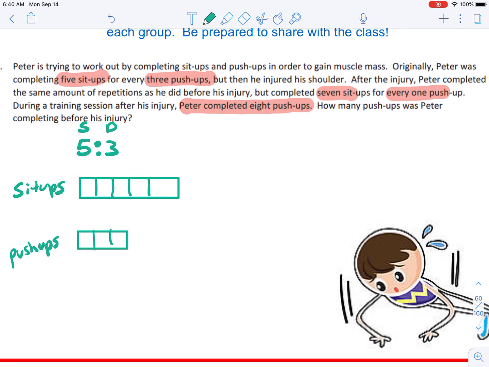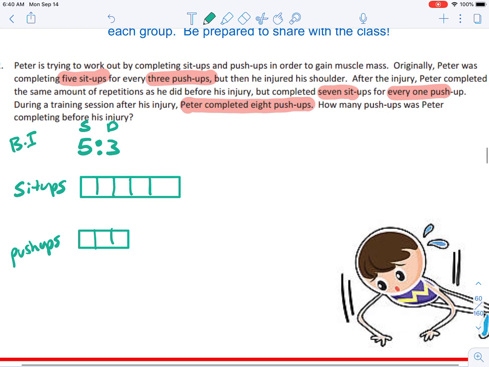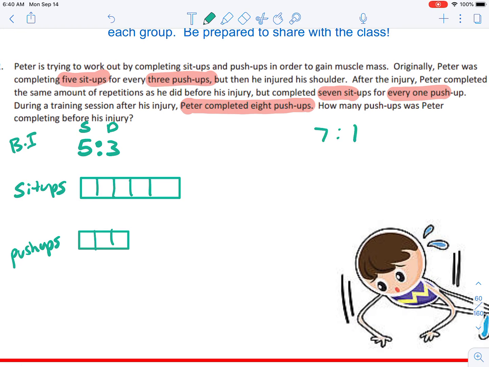Okay, that is before injury. Now, after the injury, Peter completed the same amount of repetitions as he did before his injury, but completing 7 sit-ups for every 1 push-up. So that's 7 to 1 after injury.